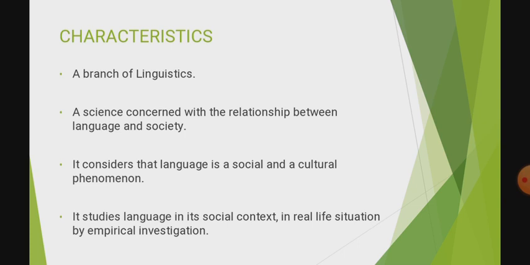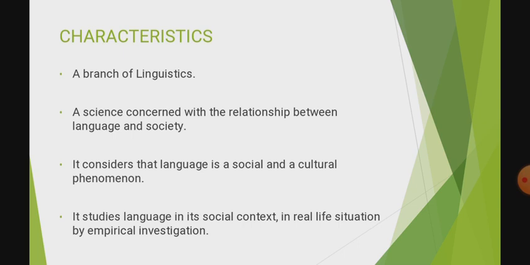Now you can see the characteristics of sociolinguistics. Sociolinguistics is one of the branches of linguistics, a science concerned with the relationship between language and society.